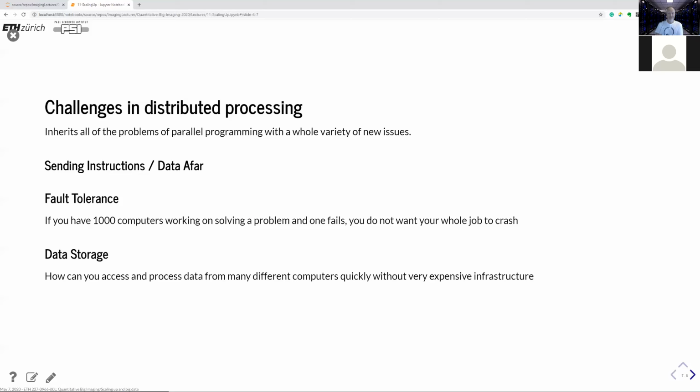And then there is the question of how you can access the data and process data on different computers, doing it quickly and without expensive infrastructure. That is also a challenge in designing your distributed system, so that you can have a fraction of the data on one chunk and another fraction of the data on another chunk.